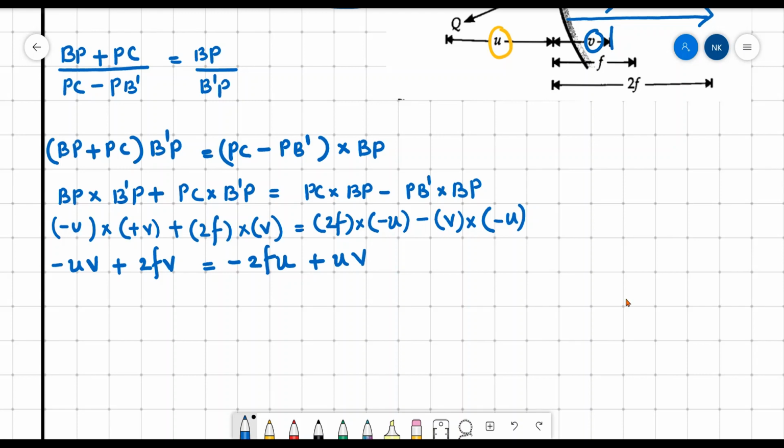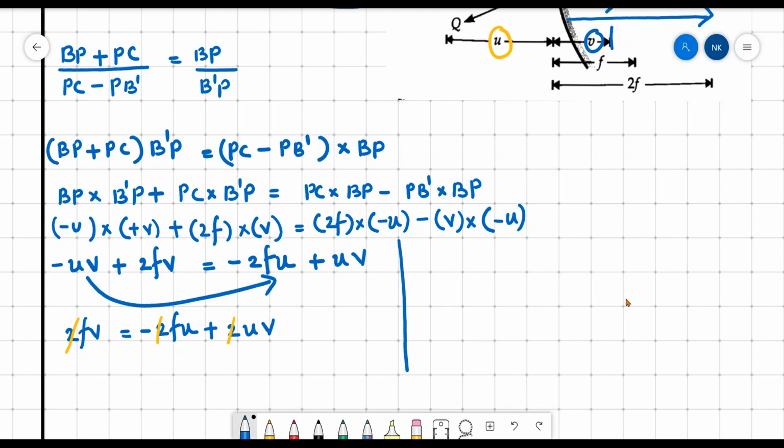So rearranging this one, you know that here this can go towards the right. All right, so here this is going to be 2fv on the left equals minus of 2fu plus 2uv. Okay, it's very clear, these two are going to cancel each other. So what we are left with after this is f into v equals f into u plus uv.